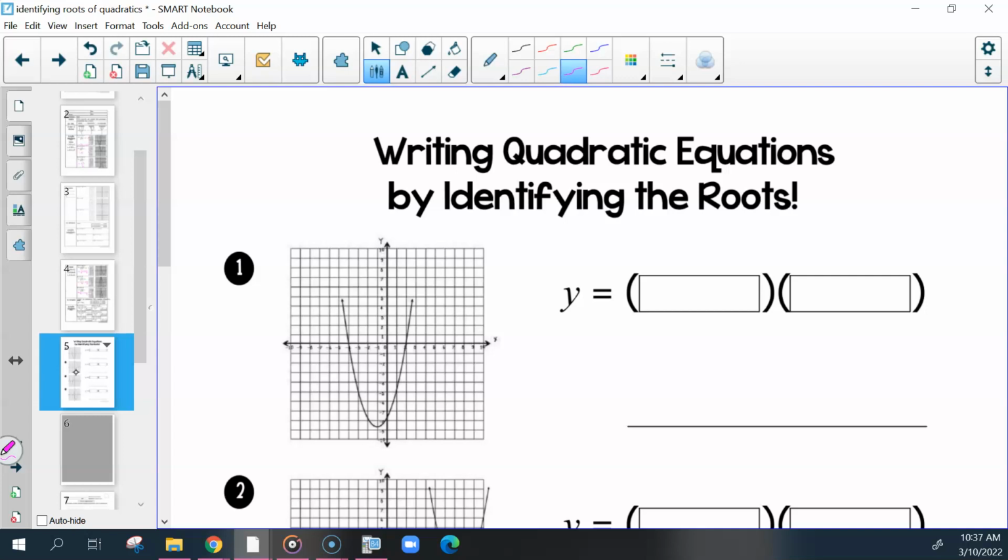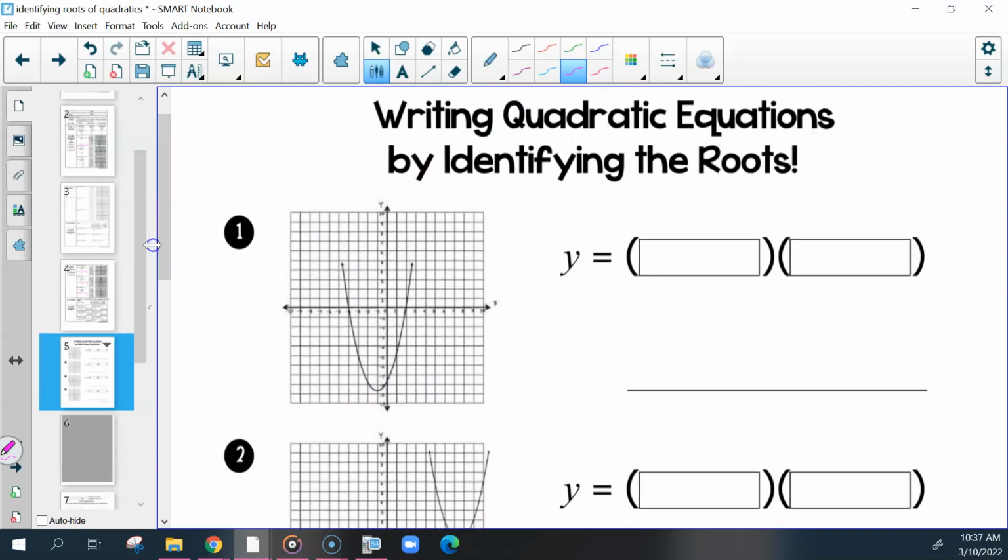In those same set of notes, find this page. This is the last thing we have to talk about regarding roots. Okay, so with this, we're still finding the roots of the graph, but we are going to write it a little differently.